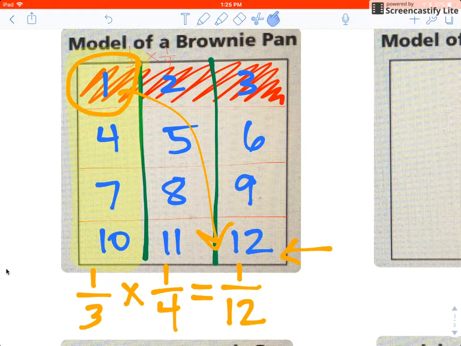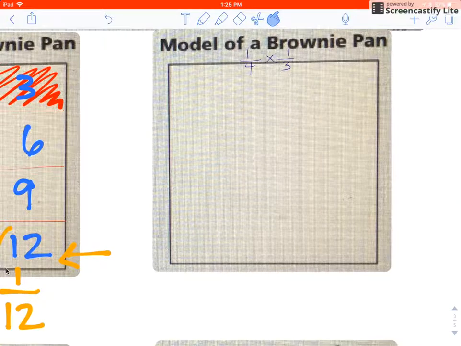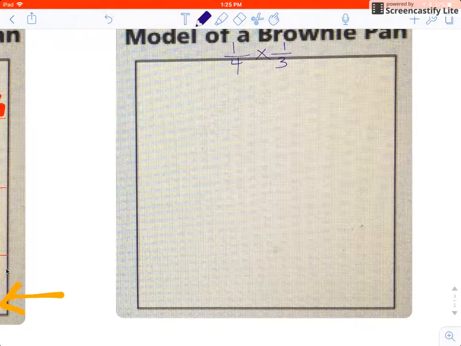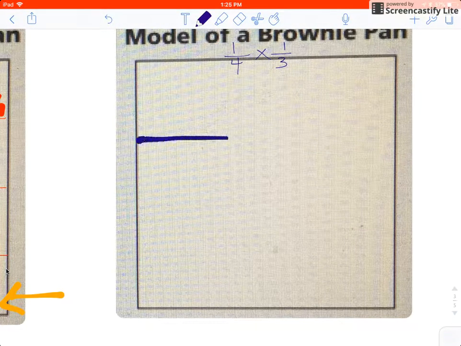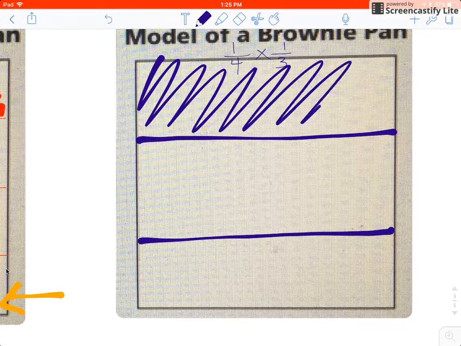Okay, we will move on now to number 2. This number sentence is 1/4 of 1/3. So really similar to the previous one, but this time we're going to start with splitting our pan into 1/3. And then we'll shade in 1/3 of our pan of brownies.